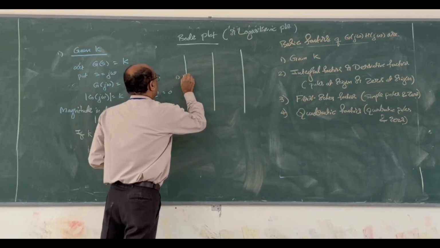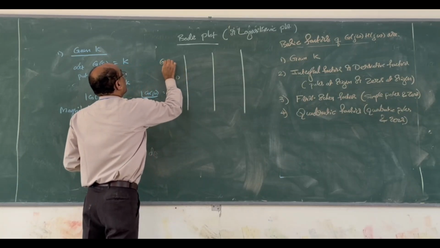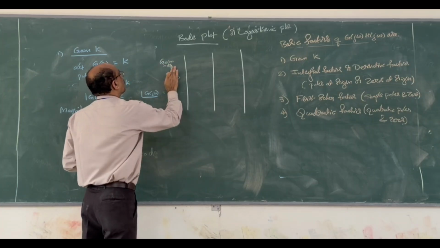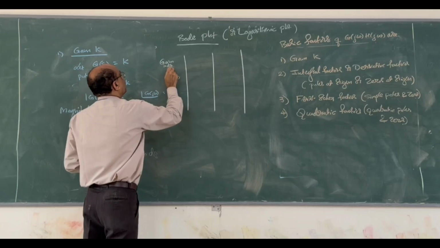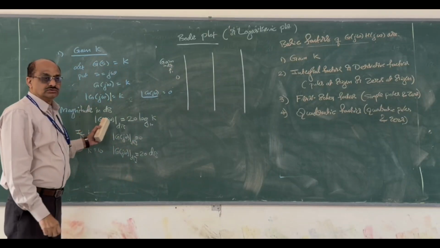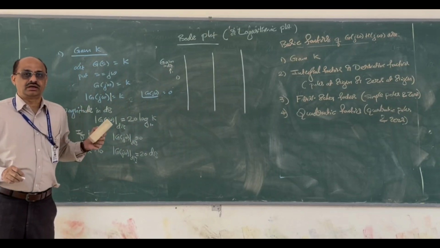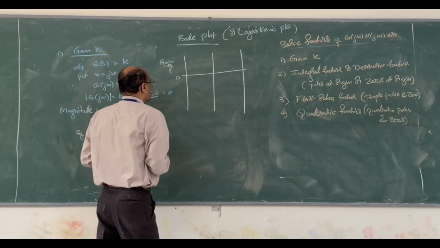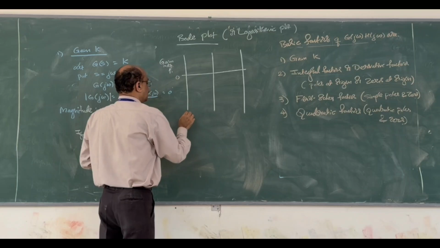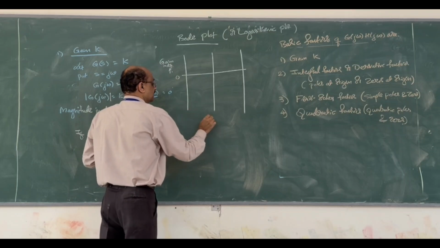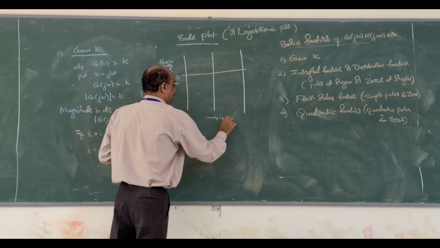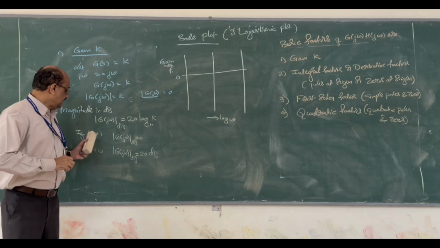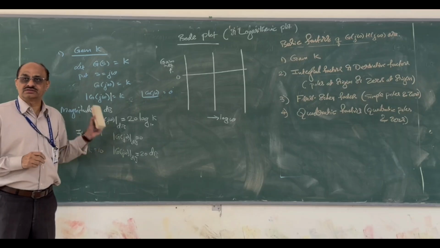I call 0 dB line, so gain in dB, or modulus G of j omega in dB. Gain in dB, 0 dB line. Then the frequencies, it is against log omega. For k equal to 1, it is 0.